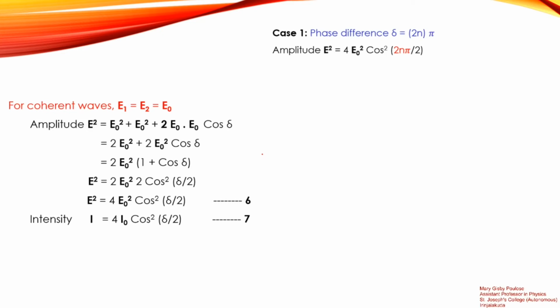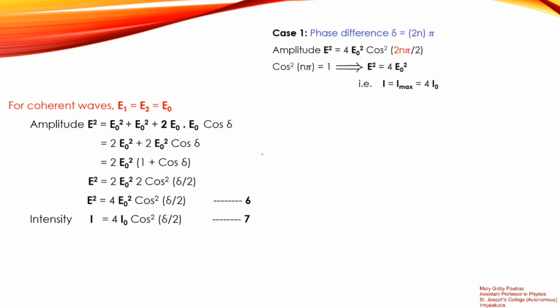The expression for amplitude becomes E² = 4E0² cos²(2nπ/2). Here cos² nπ has the value 1. Substituting values for n as 0, 1, 2, 3, etc., we always get cos² nπ = 1. Hence, E² = 4E0².